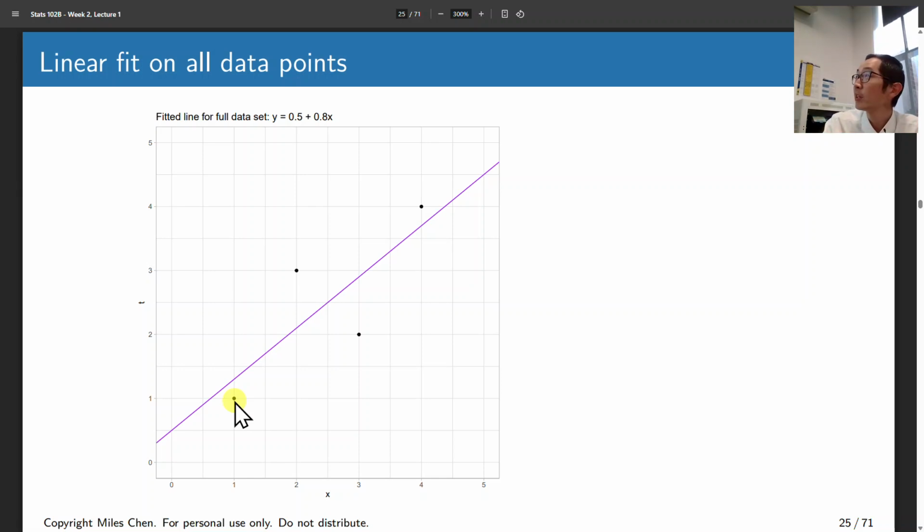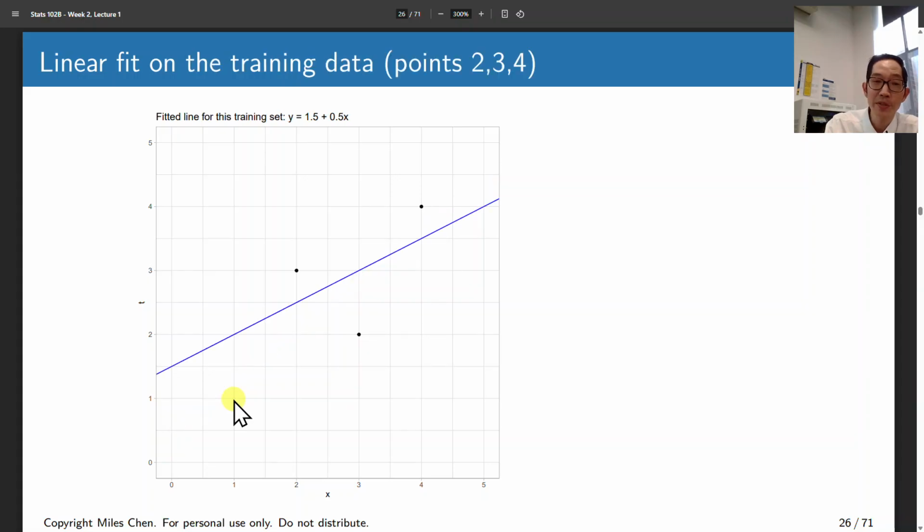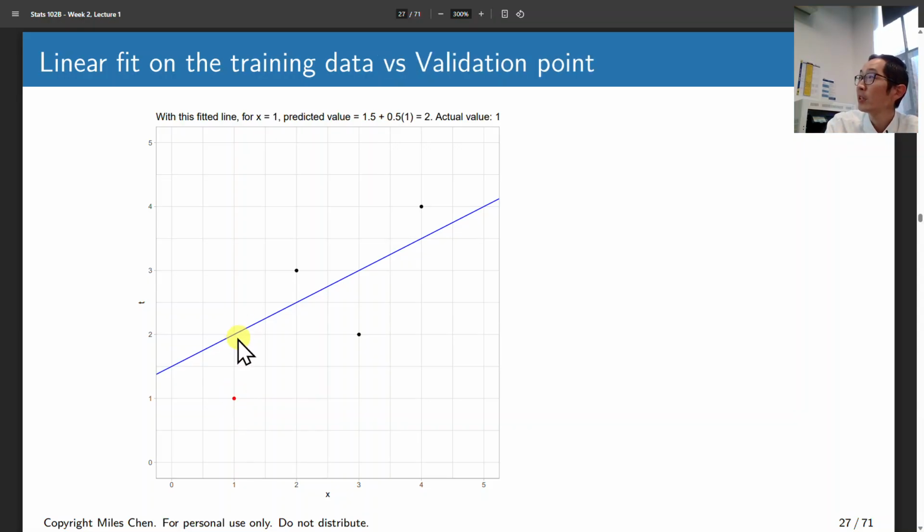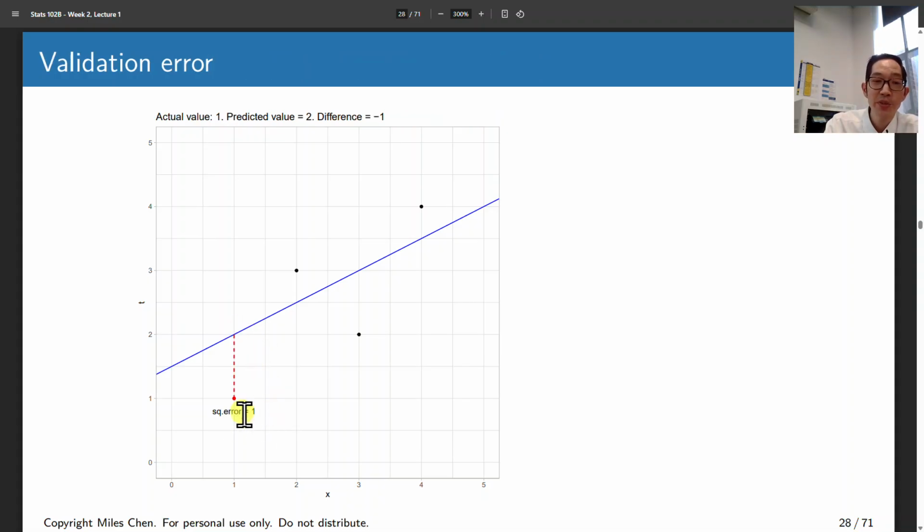Again, each observation is left out, and now I'm fitting a line just to these 3 data points. When I do that, I bring back in the point I left out right here, and I measure this distance and square it, and that squared error is 1.